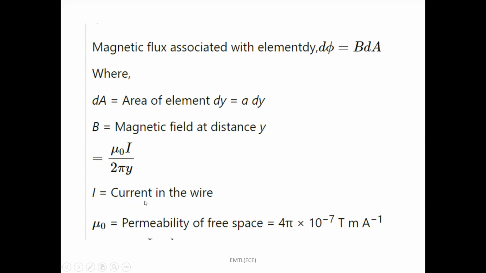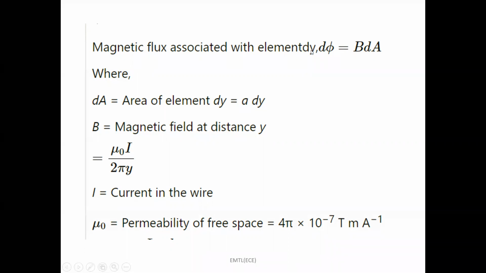Here I is the current passing through the wire and mu naught is the permeability of free space, with a value of 4 pi into 10 power minus 7 tesla meter per ampere. Once again, I repeat, here we have to take the smallest area, that is dy.